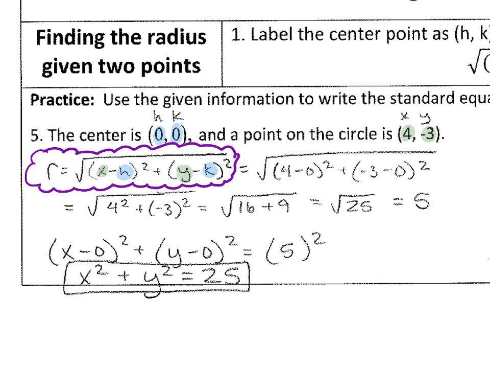So we are actually changing x and y in this question. We didn't change them when we wrote an equation, but we changed them to the numbers we have when we're finding the radius. So if we see how I've plugged this in, we have x is 4 minus h, 0. Y is negative 3 minus k, which is 0.